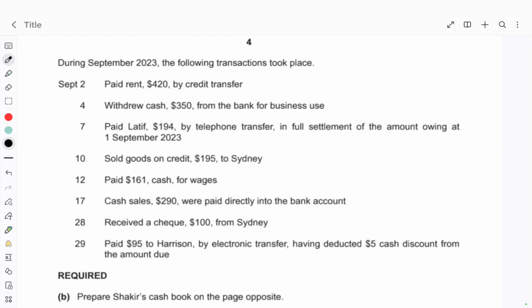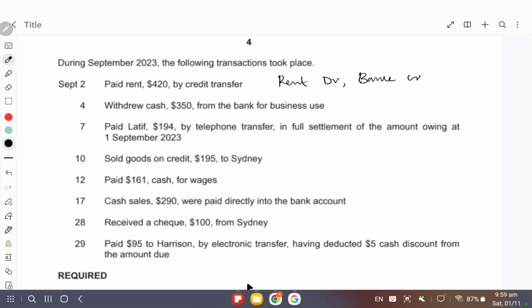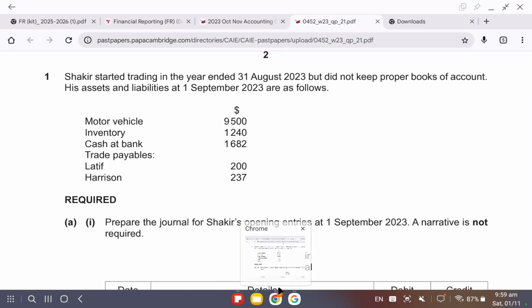September 2, paid rent by credit transfer. Paid rent means the rent account is debited. By credit transfer means that is a bank transfer. Okay, so the bank account is credited, right? It's an expense. All the expenses will be on the credit side of your bank account, isn't it?